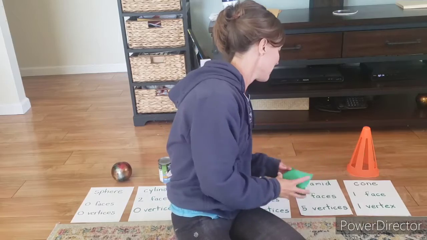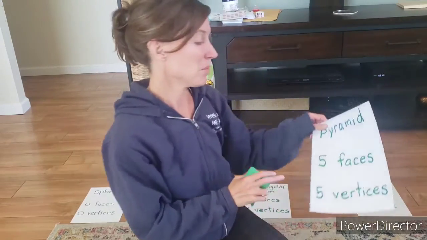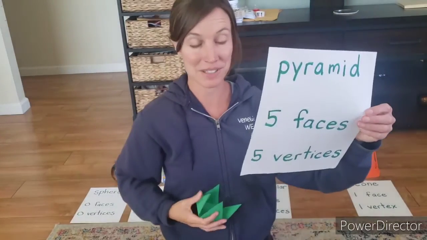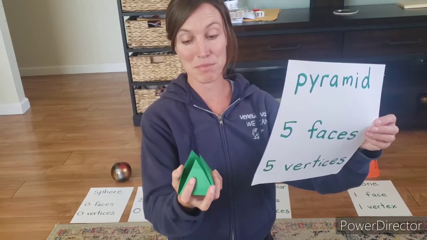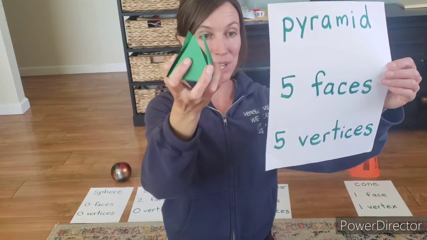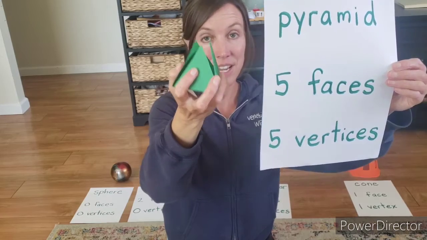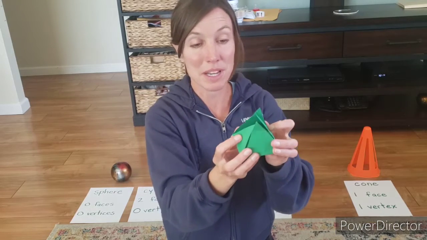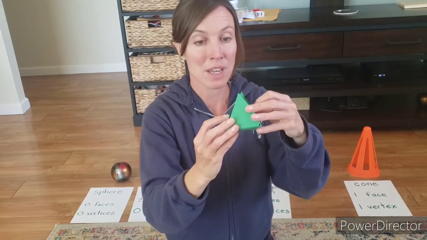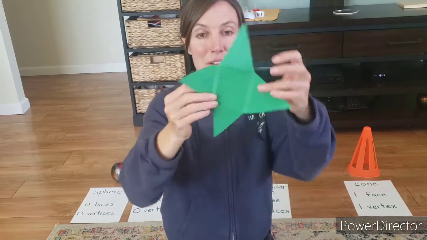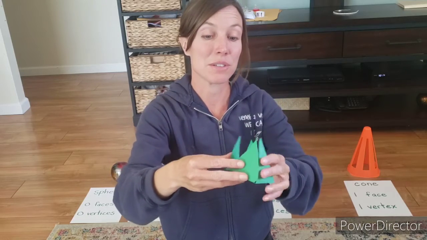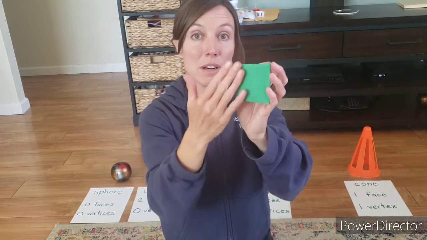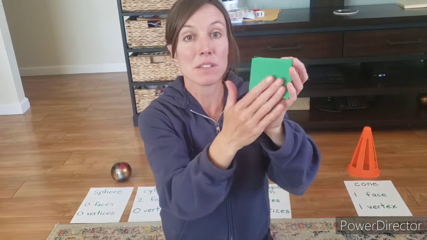Another shape is a pyramid. This one's going to be really hard to find in your house. And in fact, I couldn't find one, so I had to make one. Okay, so a pyramid has 5 faces and 5 vertices. So the way that I made one, and I could tape it together, but I wanted to show you how I made it. You kind of cut out a star, almost like a ninja star. And then you're going to fold down the triangles this way so that you have a flat square on the bottom. And this square is actually a face.